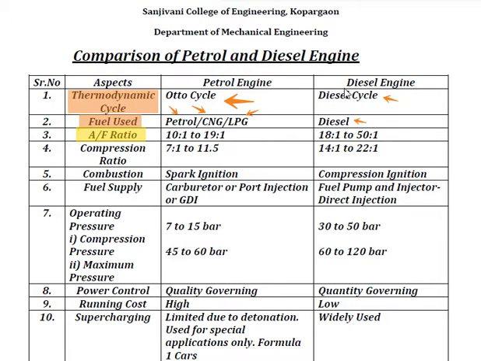Whereas in diesel engines this range is quite higher, and that is the reason why diesel engines are also called lean burn engines. The range of air fuel ratio is between 18:1, which is a rich mixture, to as high as 50:1. So this is another main difference.